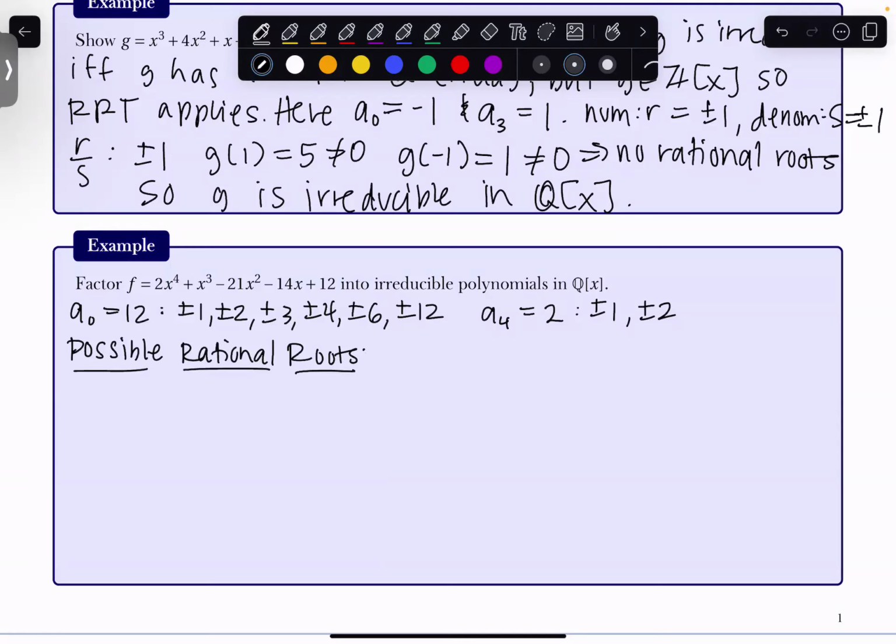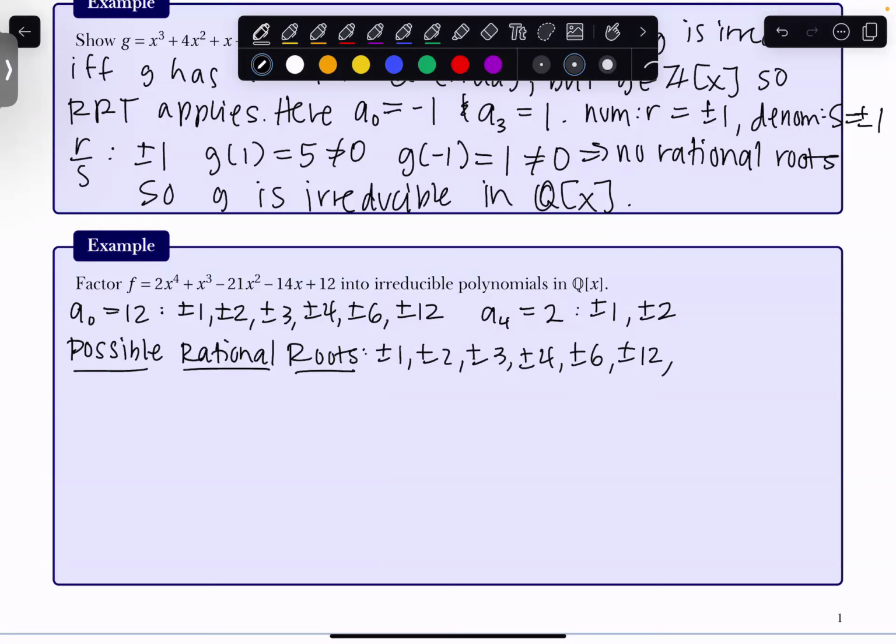Having plus or minus 1 as my denominator is the easiest one. I just list all of these out, because any of these divided by plus or minus 1 is plus or minus that number. So I'll have plus or minus 1, 2, 3, 4, 6, and 12. And now I want to divide by 2 and then do plus or minus.